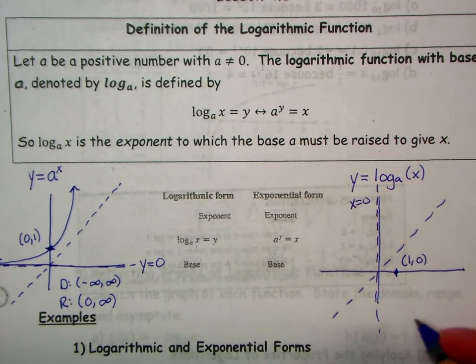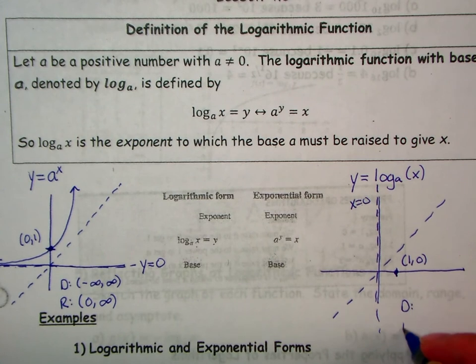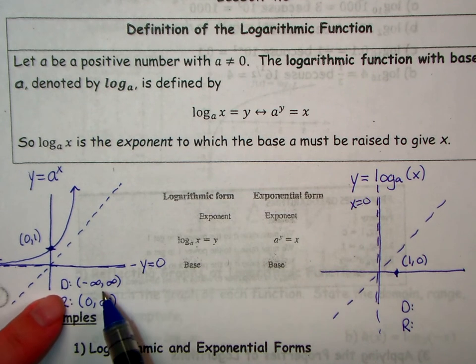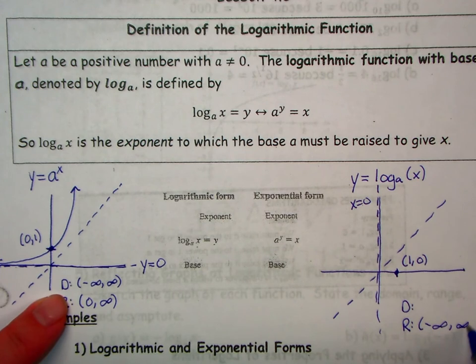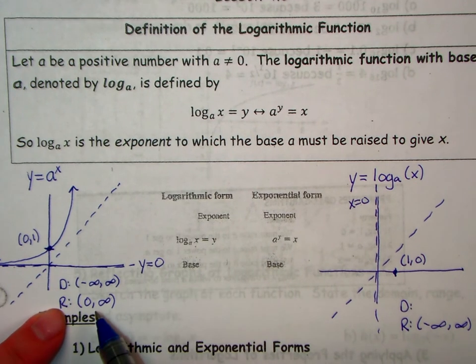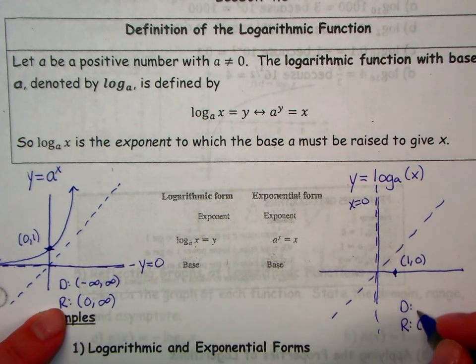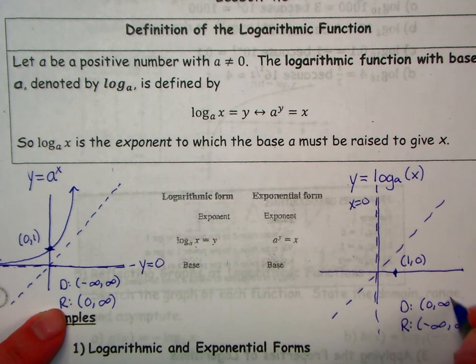Then let me fill out the domains and ranges, because the domains and ranges of inverse functions swap. The domain of a to the x is going to be the range of log base a of x, and the range of a to the x is going to be the domain of log base a.